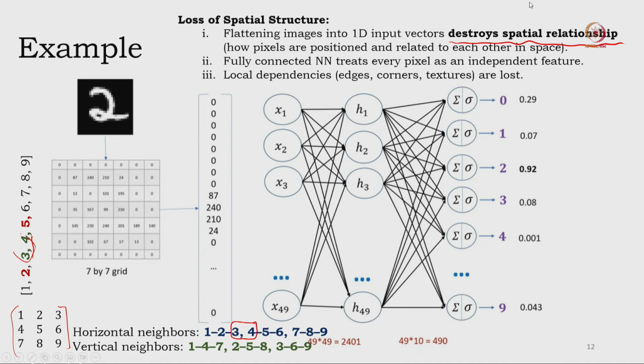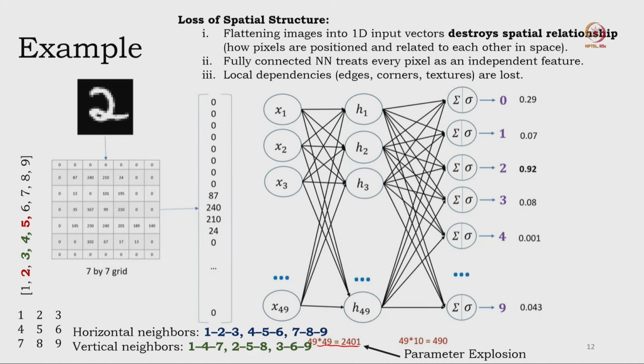Now, what is the next problem? Why can't we use a multi-layer perceptron? The second problem is parameter explosion. This is a simple input of 7 cross 7. If you imagine a higher resolution, higher dimension image, then the values will increase.